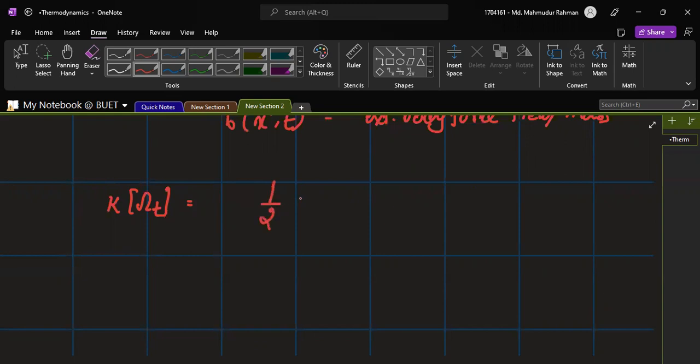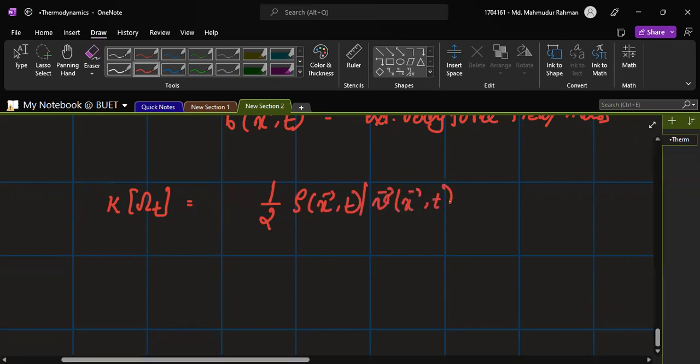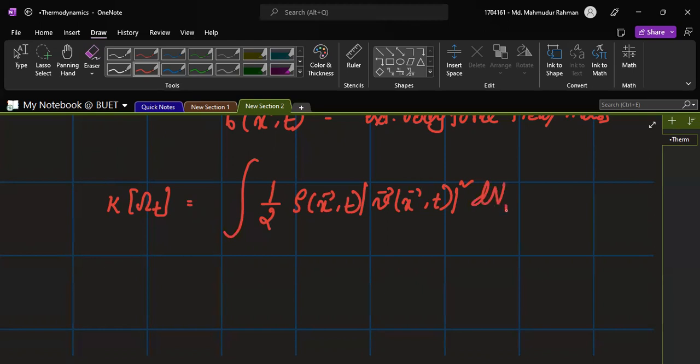So per unit volume, the kinetic energy is half the density field rho of x of T times the velocity field v of x of t squared. But this is not a point particle, rather we're dealing with a continuous body, so I have to integrate it over the entire volume. So this is the expression that we have for kinetic energy.